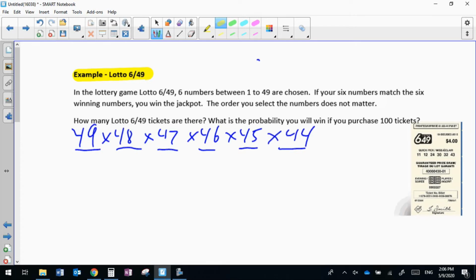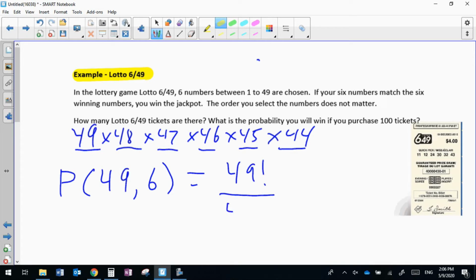Now that is the same as calculating the number of permutations of length 6 from 49 possible numbers, which is the same as 49 factorial divided by 49 minus 6 factorial, 49 factorial divided by 43 factorial. That is a lot of numbers. It's massive.